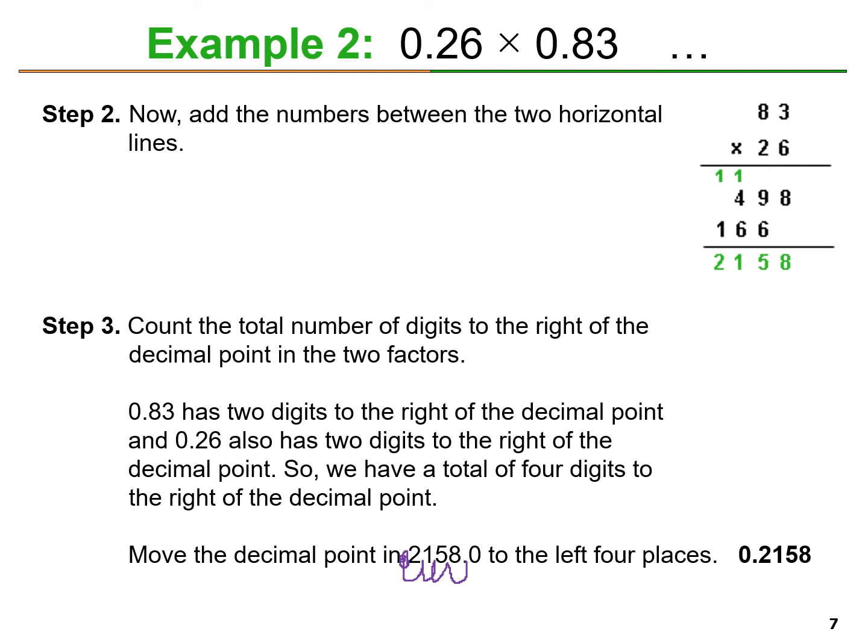And we end up with 0.2158. Therefore, 0.26 times 0.83 is equal to 0.2158. And that's all there is to it.